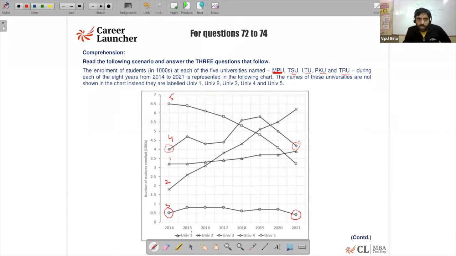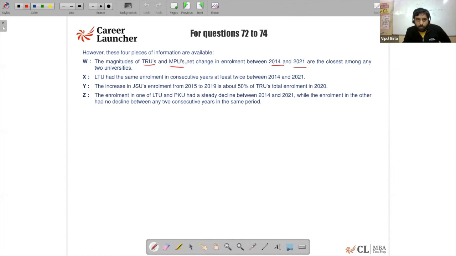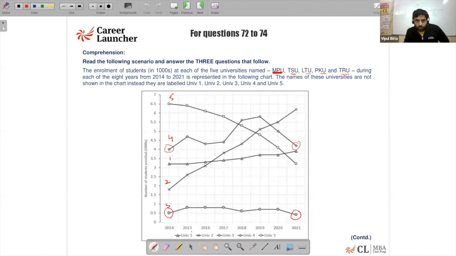And they have mentioned that TRU and MPU have the net change which is closest. So one of the possibilities will be this as TRU or MPU.